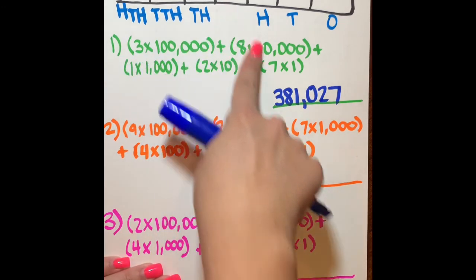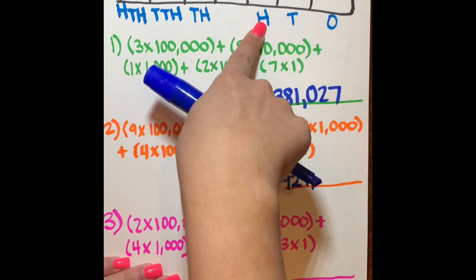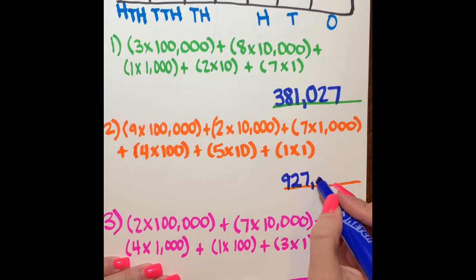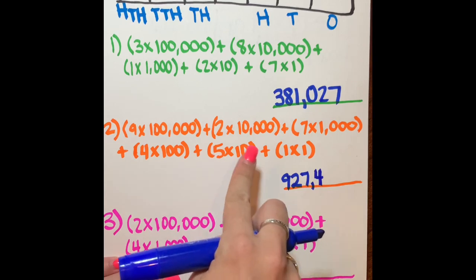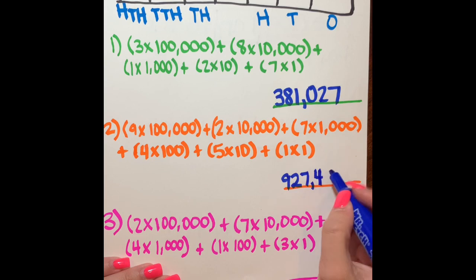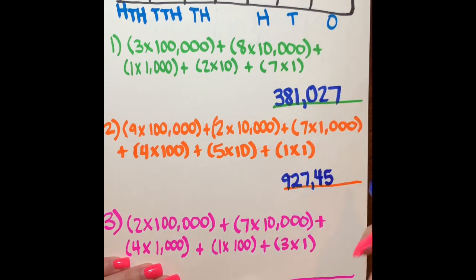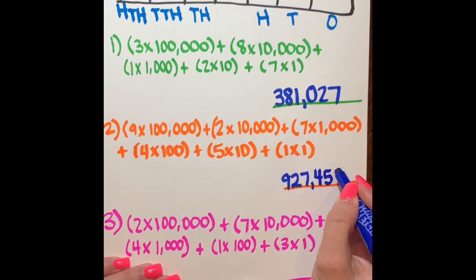And this reminds me to put a comma, okay? 4 times 100. That does come next, so no tricks there. 5 times 10. 10 is in the tens place coming next in line, so that is going to be 5. And 1 times 1, which means the ones place, and 1 is going in it. So this is my final number, okay?